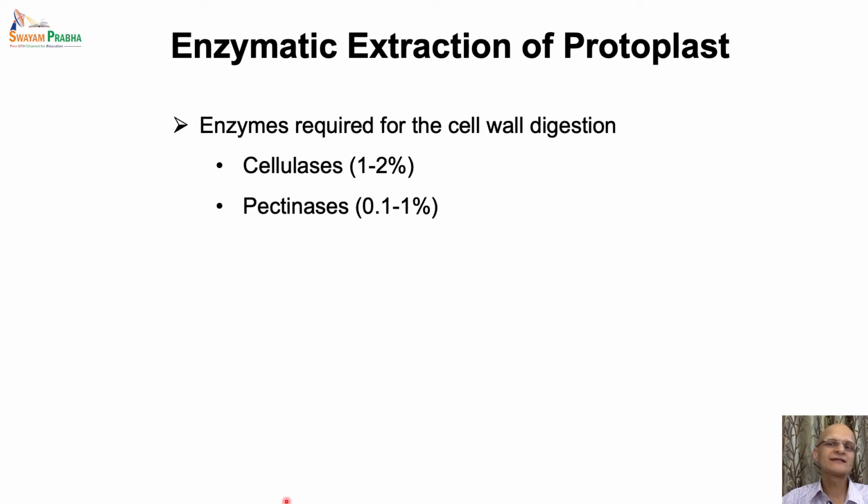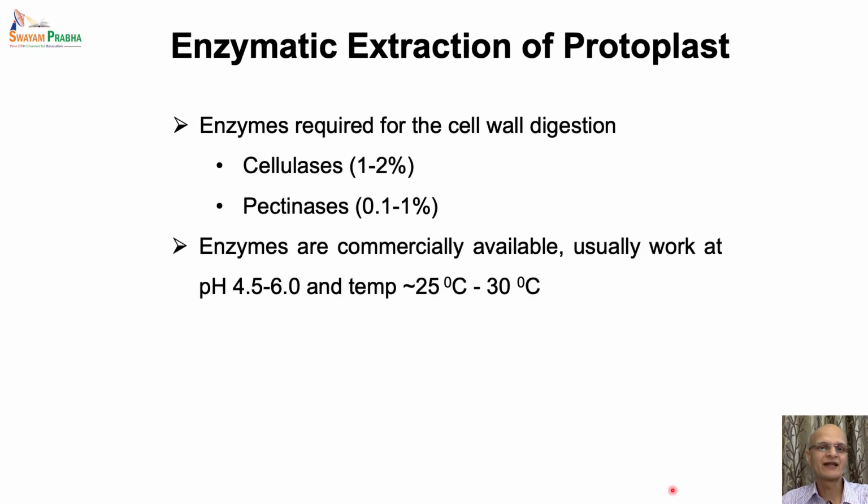These cell wall digesting enzymes are commercially available under different brand names, and depending upon the source, type of the enzyme and the mixtures, these may have their specific pH and temperature requirements.